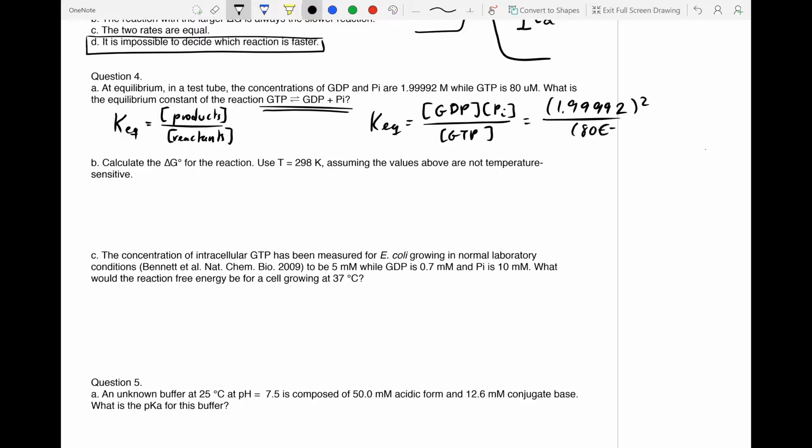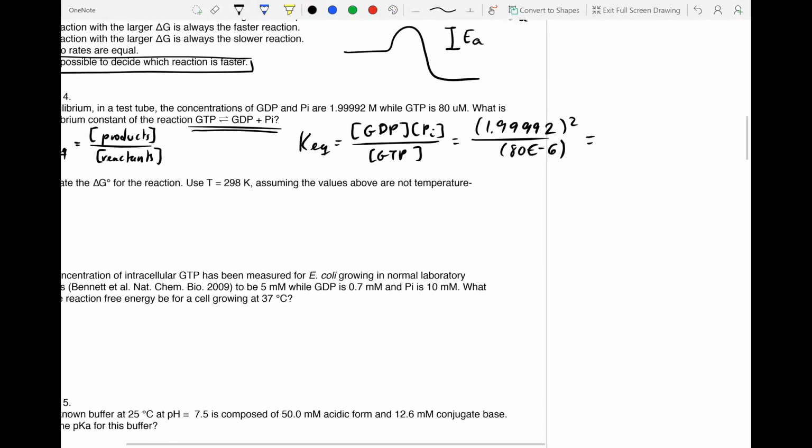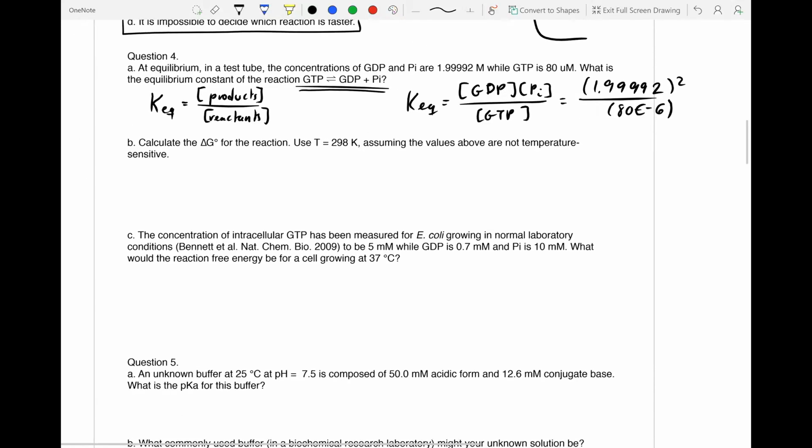And then 80 times 10 to the negative 6 is what a micromolar is. I converted that into molar just because we want to be working with the same units. And solving for that, you will get the answer for K. I'm not going to do the calculation entirely just for the sake of time.